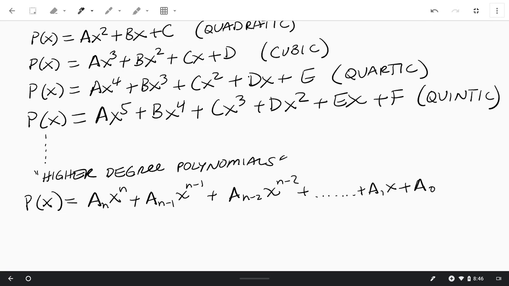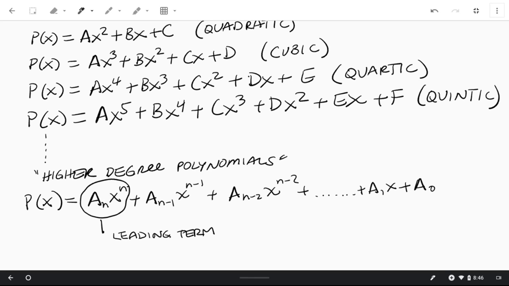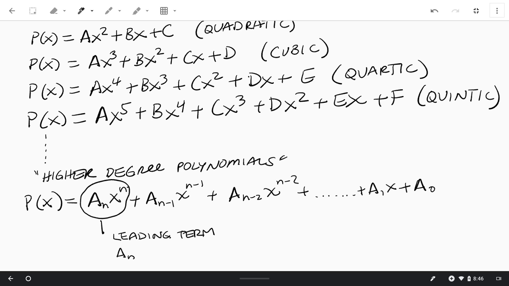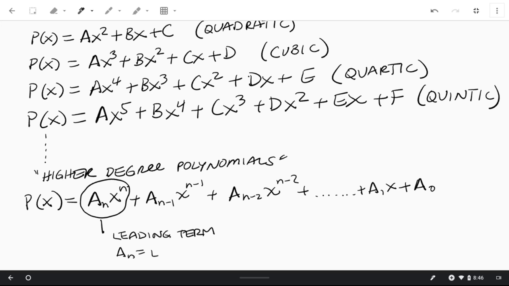Okay, so if it's in order, just like the ones above are all in order by exponent, like that last one, 5, 4, 3, 2, 1, and no x. If it's in order, then this very first term here is called the leading term. And the number an is the leading coefficient.